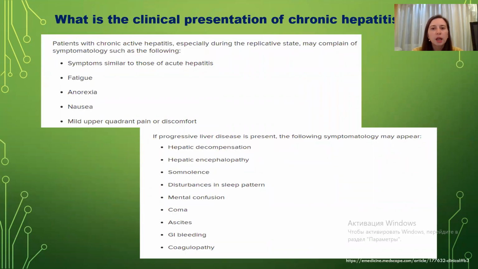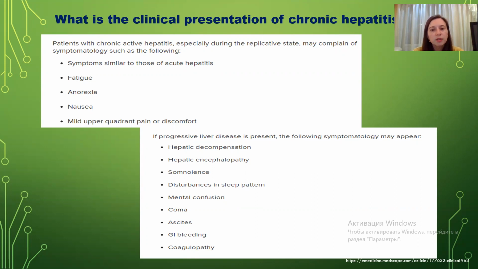What is the clinical presentation of chronic hepatitis B? A patient with chronic active hepatitis, especially during the replicative state, may complain of symptomatology such as the following. Symptoms similar to those of acute hepatitis: fatigue, anorexia, nausea, mild upper quadrant pain or discomfort.